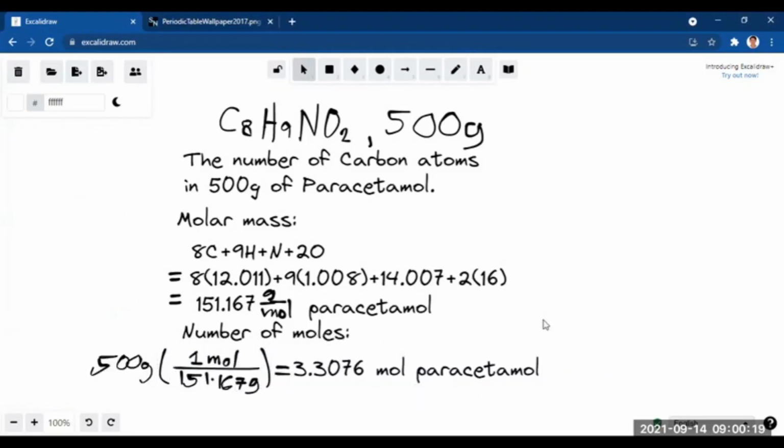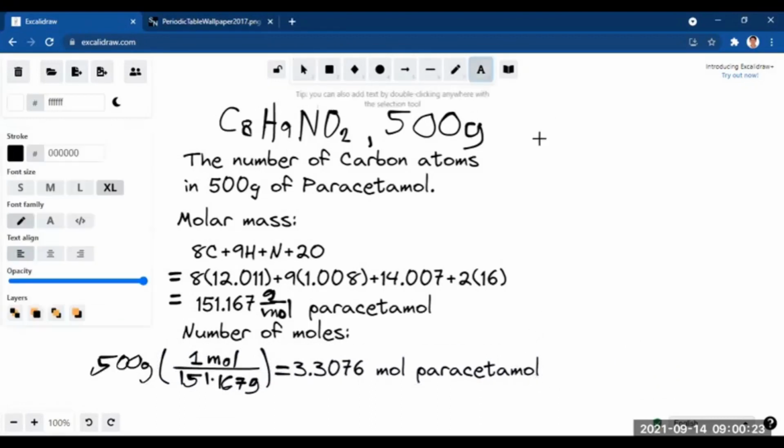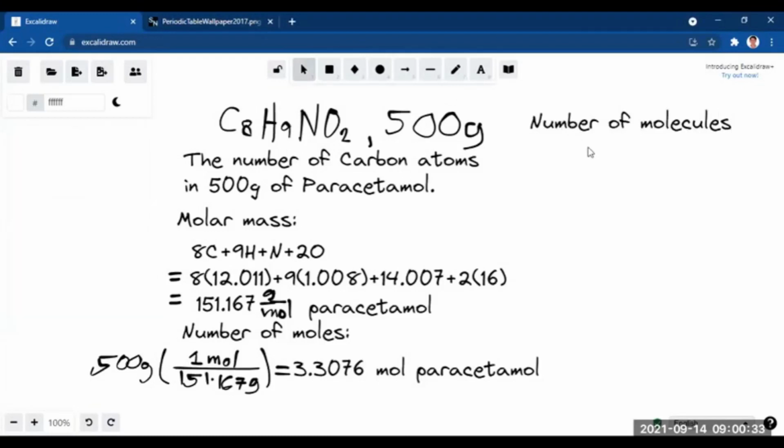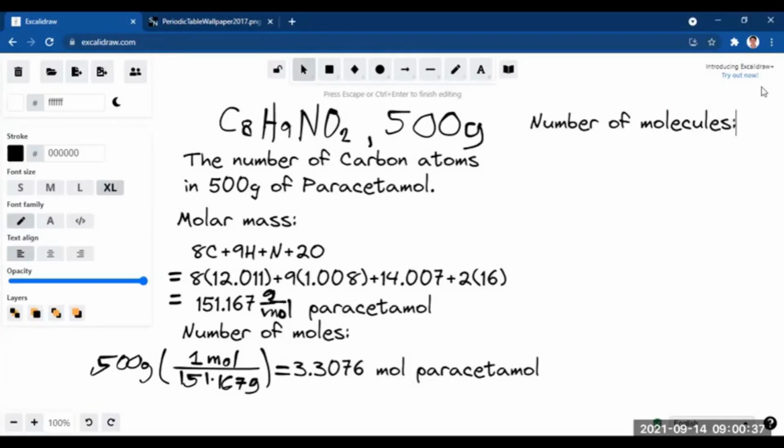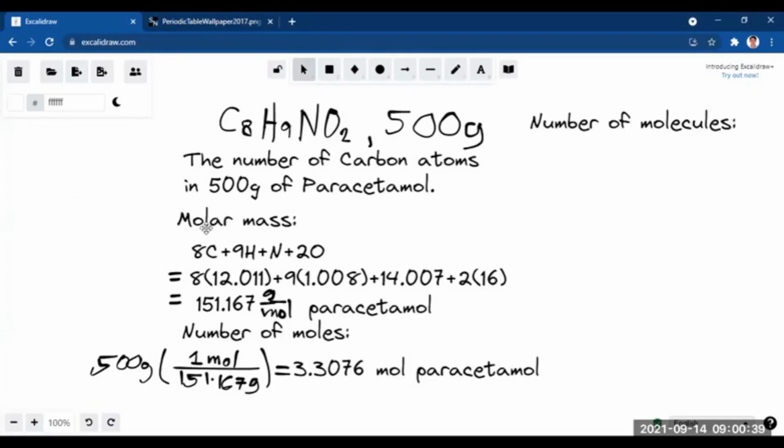Okay, next, after solving for the number of moles, we will look for the number of molecules.